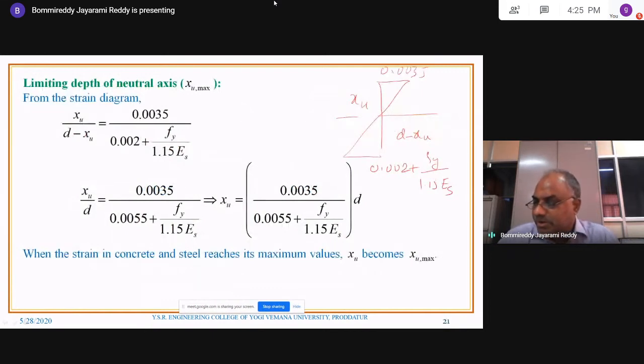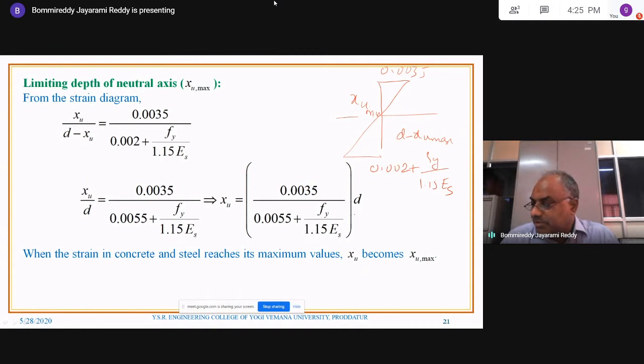So now for limiting depth of the neutral axis, when will you get the limiting depth of the neutral axis? It will be at balanced section. At balanced section means when 0.0035 and this value both fail simultaneously, both concrete and steel fail simultaneously, then depth of the neutral axis will become XU maximum. This will become XU maximum and this will become D minus XU maximum. So from this diagram what you do?